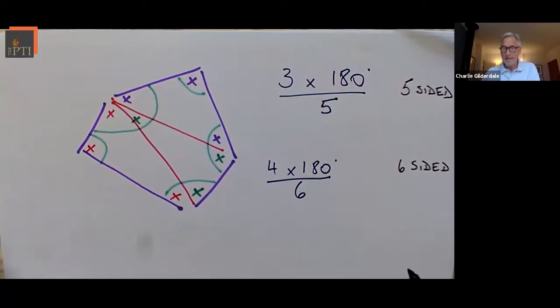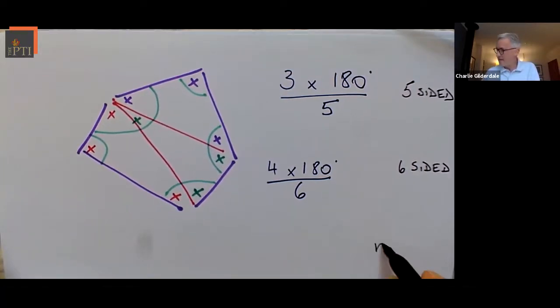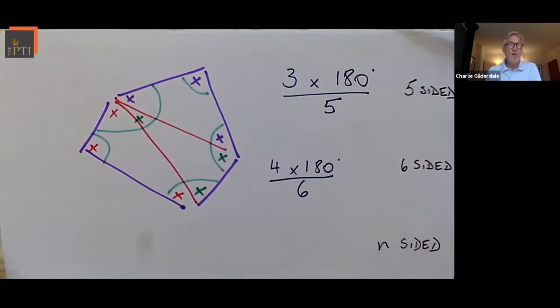And if I had an n-sided polygon, then I'm going to have n-2 triangles.